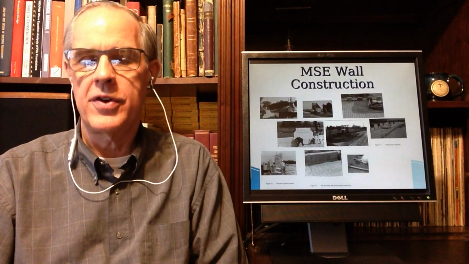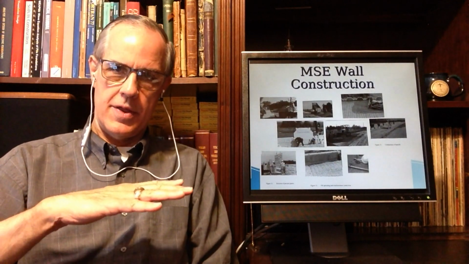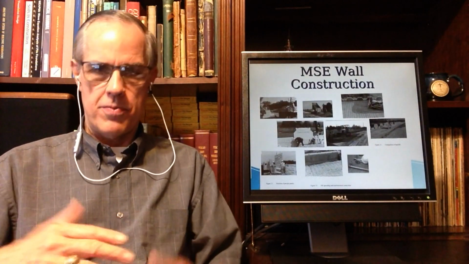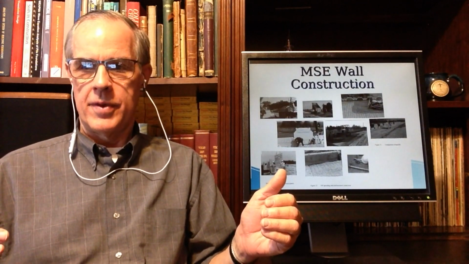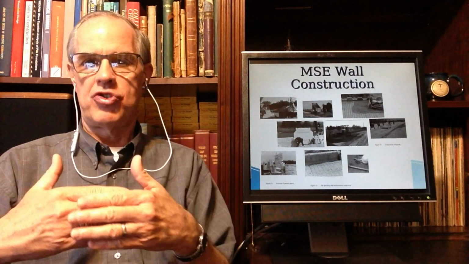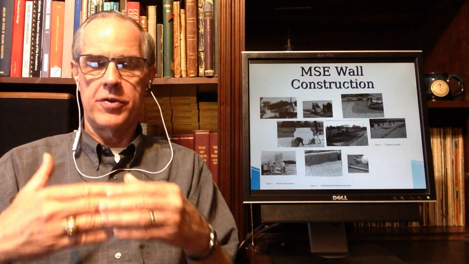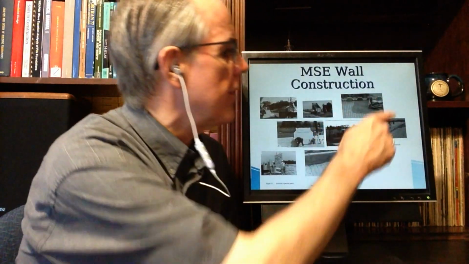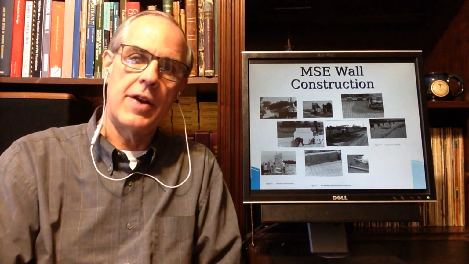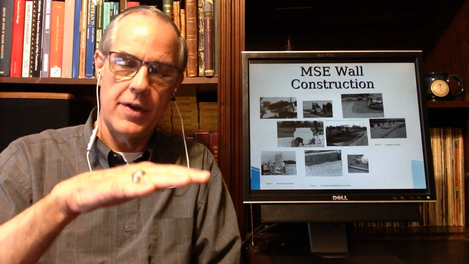Construction is fairly straightforward. You start at the bottom, and you put a row of these blocks down and you attach the reinforcement to it, and you lay it out going back. Then as you see here, you get the old earth moving equipment moving, and you put this nice granular backfill over on top of it, and you fill it up.